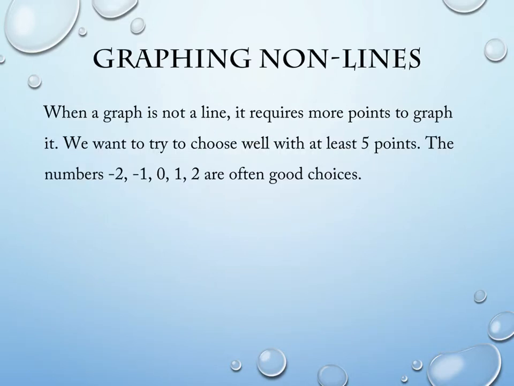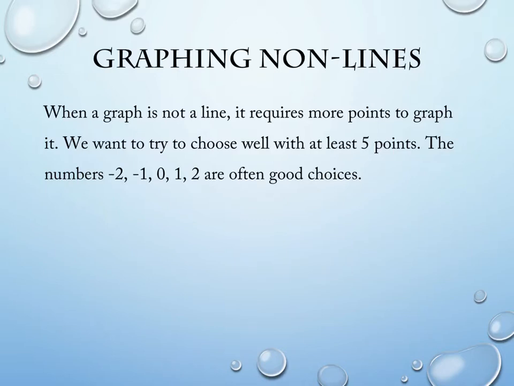So graphing non-lines. When a graph is not a line, it requires more points to graph it. How many points did we need for a line? 2. 2 is really all we needed. Absolutely.